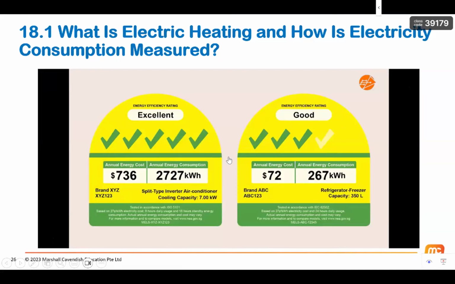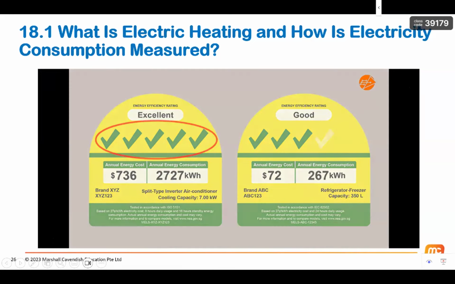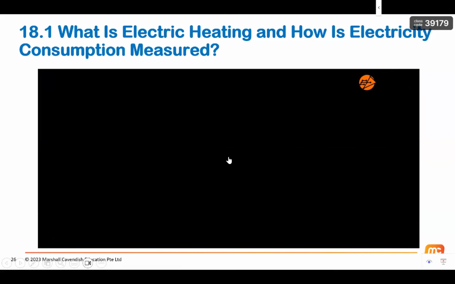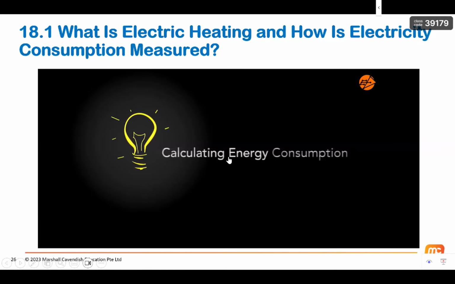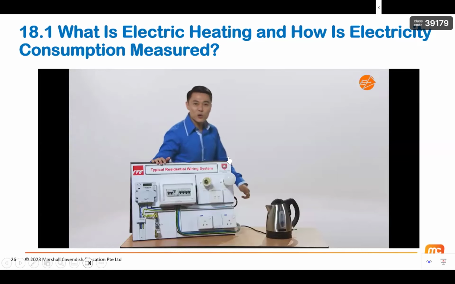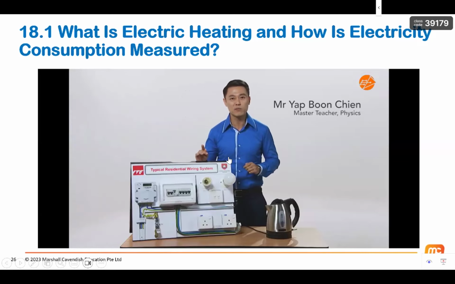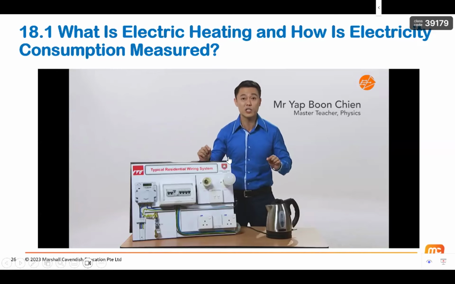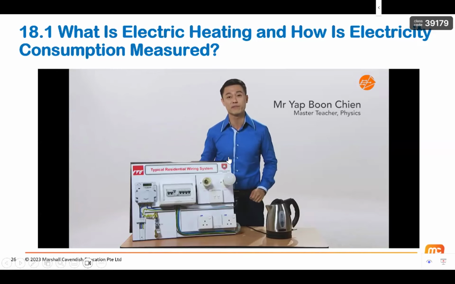Each label shows the estimated energy consumption and the cost of an appliance in a year. The more ticks an appliance has, the more energy and cost efficient it is. In this video, I will show you how to calculate energy consumption and the cost of using electricity, and explain why using energy-efficient appliances is important.